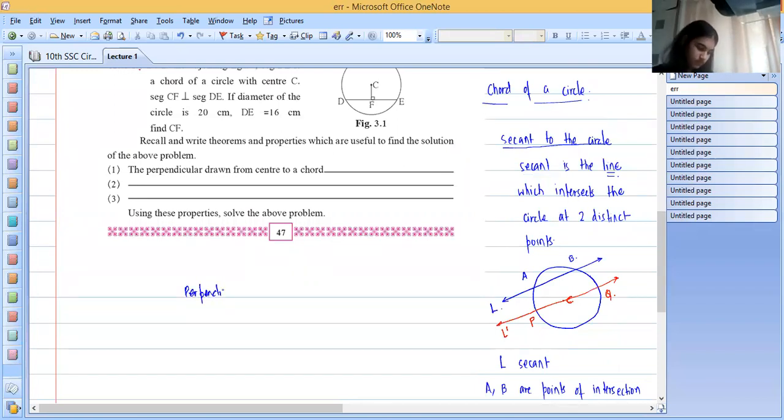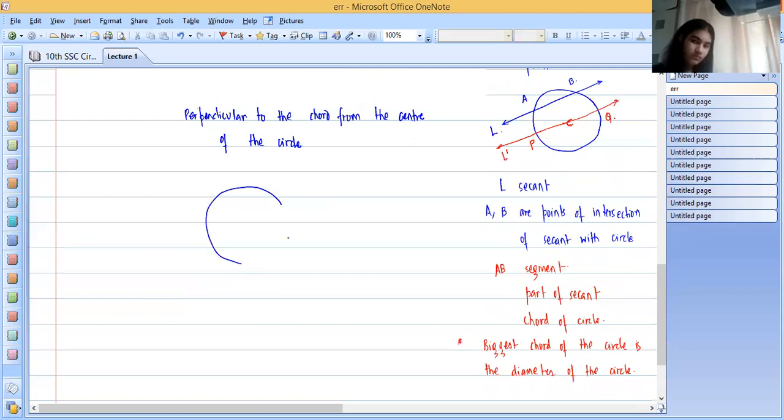Then the perpendicular to the chord from the center of the circle. Now you have a circle like this, and you have the center of the circle like this, and you have chord AB like this, and you are drawing a perpendicular like this.